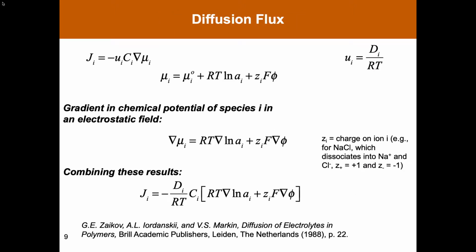Okay, so we need the gradient in electrochemical potential for the flux expression, and so we can differentiate the electrochemical potential to get the expression that's shown here, and now combine that with the Nernst-Einstein equation and write the flux of an ion in terms of its diffusion coefficient, its concentration, gradient in log of its thermodynamic activity, and then a term that represents the effect of the field on the flux.